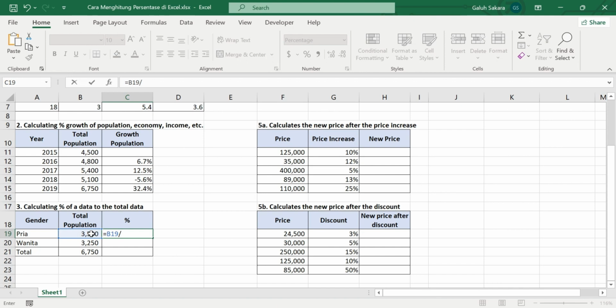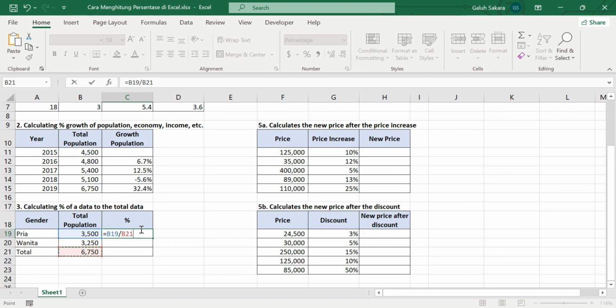So how many percent is the total population? Okay, we will count the percentage of male. Equal sign, B19 is the data of the total population of male, and then divided by the total population from male and female.